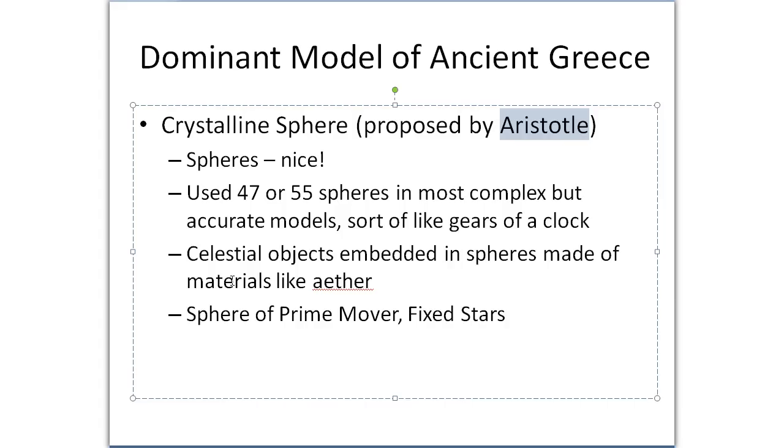He was very good at the arts and that type of thing in terms of philosophy, but not so good at science. But nonetheless, because he was Aristotle, his model was a predominant model for quite a number of years. Not just because of its accuracy, which was okay, but because it was Aristotle's.